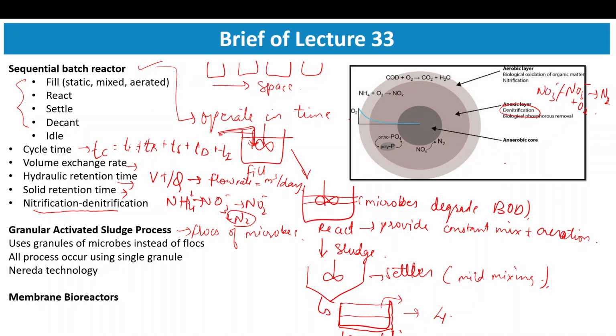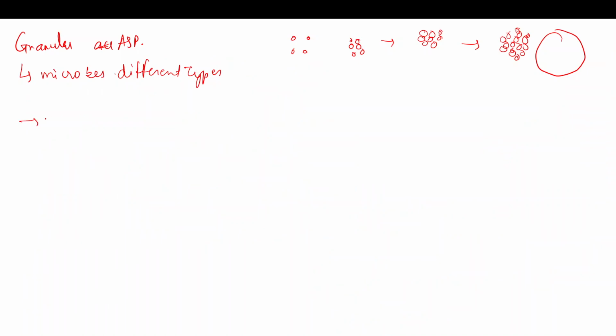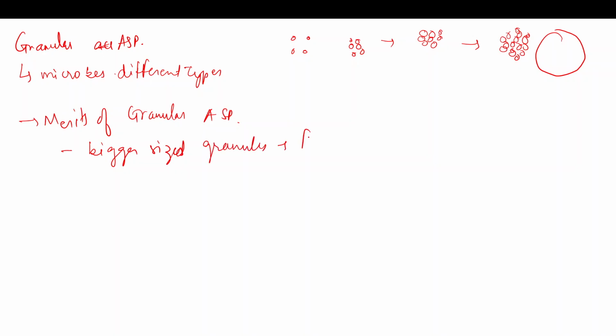Now, the merits of the granular activated sludge process: since the granules are bigger in size, they are faster to settle. So it has very fast settling, and you do not need to provide any extra settling.